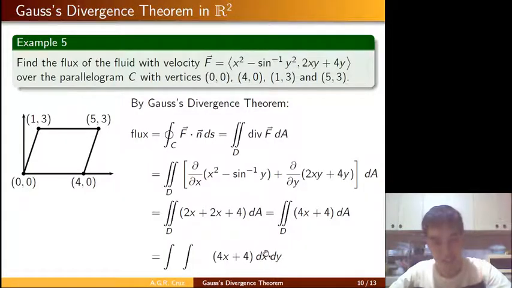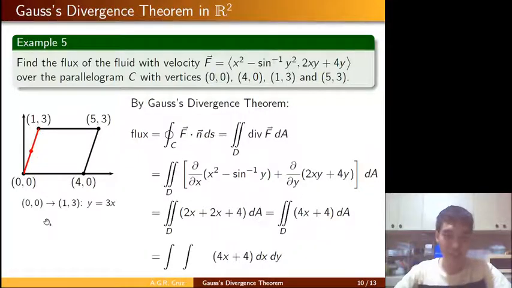So when we start integrating with respect to x, we have to identify yung leftmost curve ng region natin and yung rightmost curve ng region natin, no? Now in this case, what is the leftmost curve of this region? In particular, it's this one, no? This will be your lower limit. So para ma-determine natin exactly itong lower limit na to, we need to determine the equation of this line. And you can check yung equation nitong line na to from 0, 0 to 1, 3.